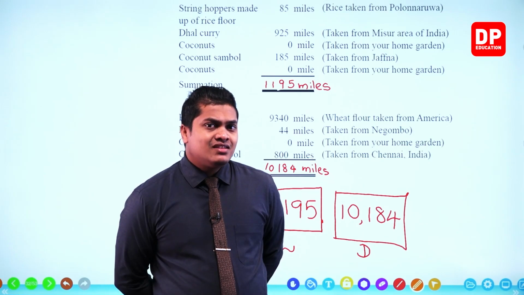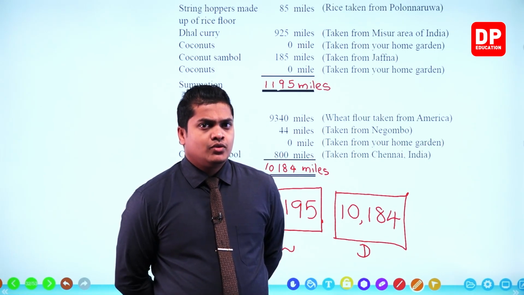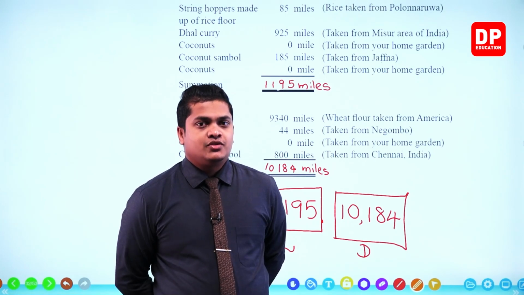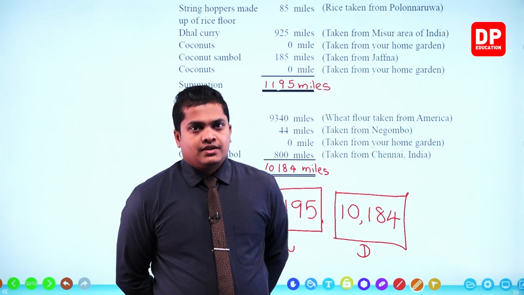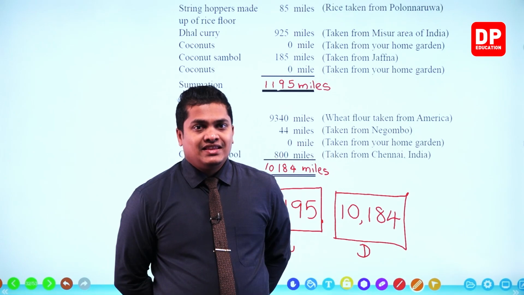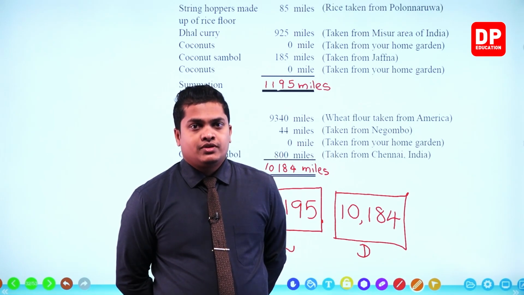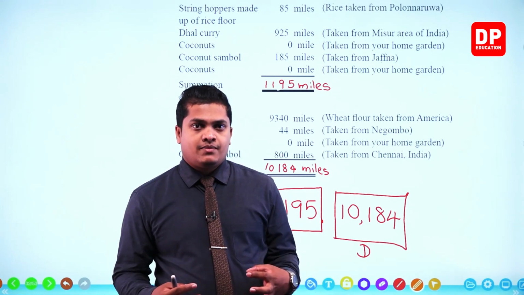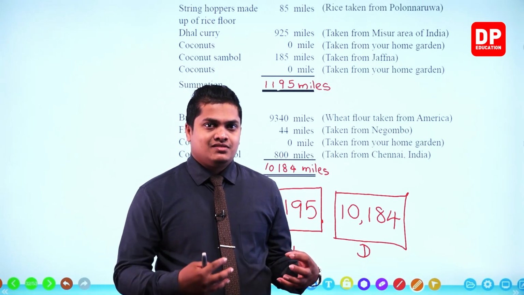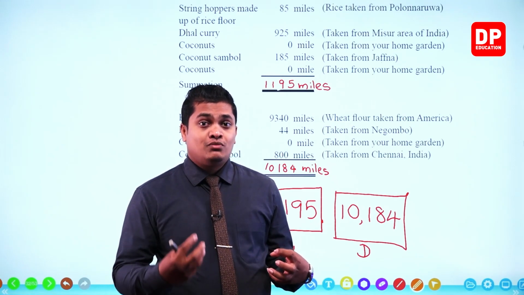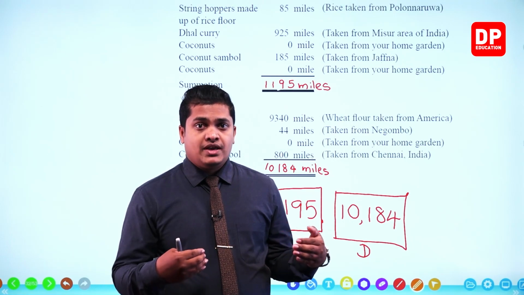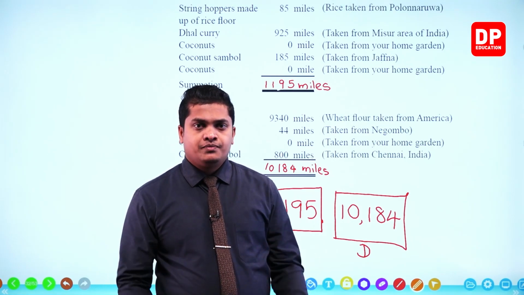So the greater the food mile, you can get an idea that the greater the fuel and the greater the resources and energy sources consumed by that food item. Because to travel a lesser distance, lesser resources are used; to travel a greater distance, greater resources should be utilized, right? Otherwise, it won't be able to travel that much of a distance.